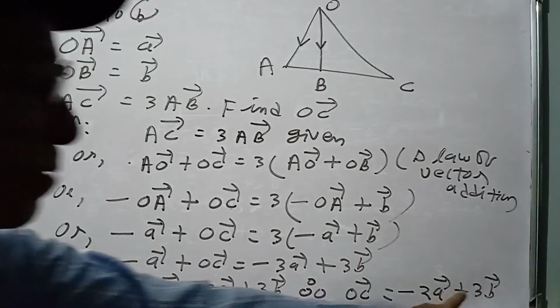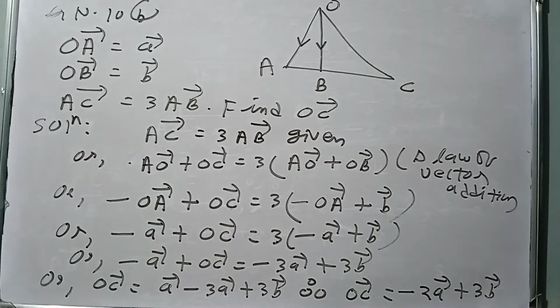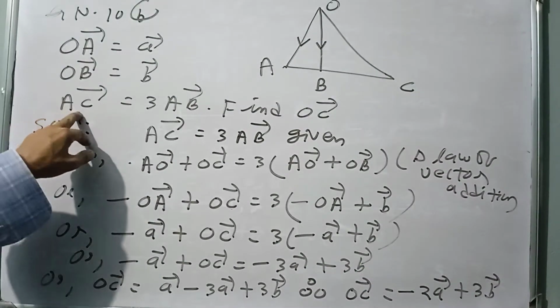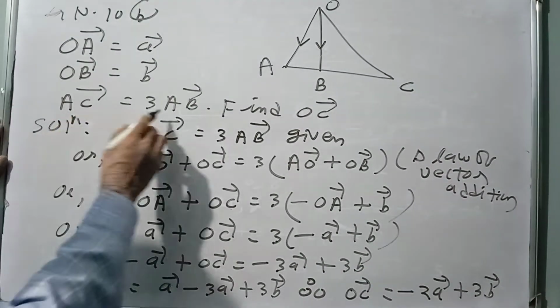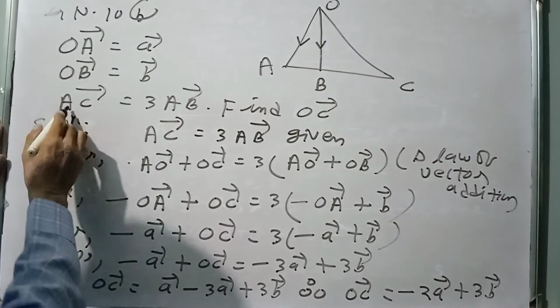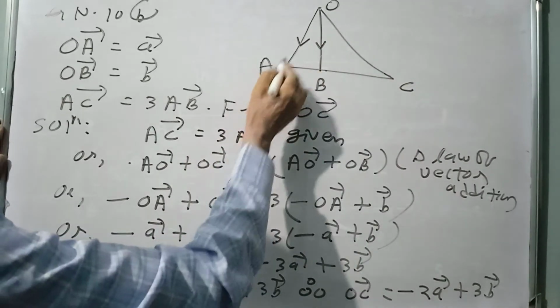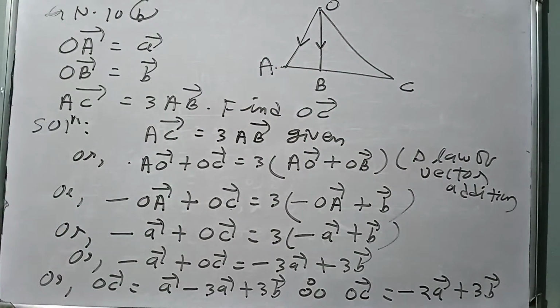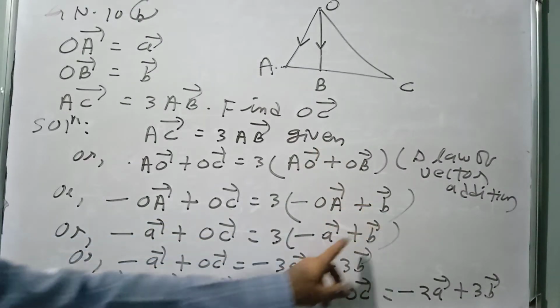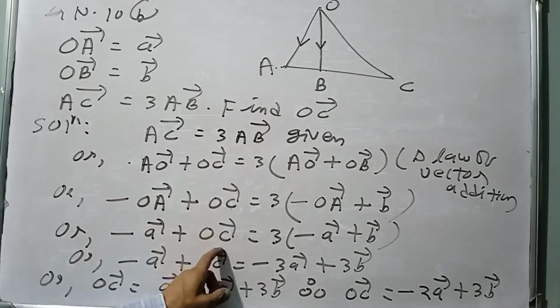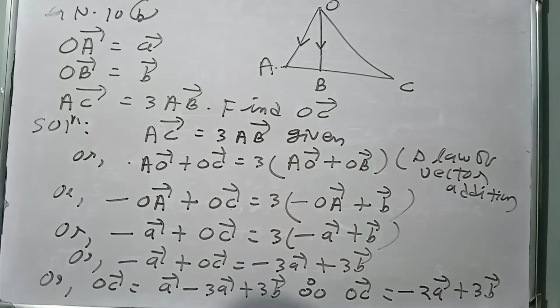Or you can also write 3B minus 2A, vector 3B minus vector 2A. That is also correct. Either you can take from the given condition AC equals thrice AB, where AC is AO plus OC and AB is AO plus OB, AO is minus OA, OB is B. Remove the bracket and find the value of OC in terms of A and B.